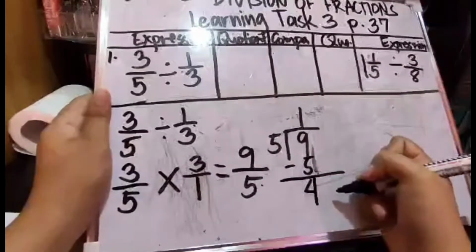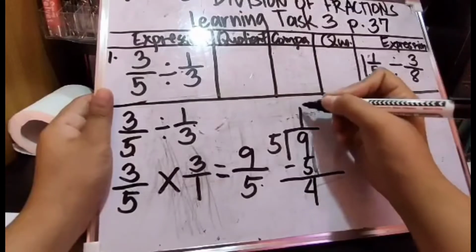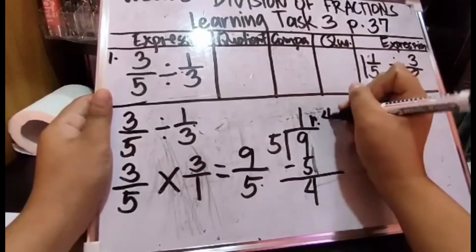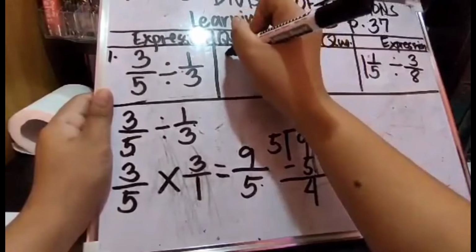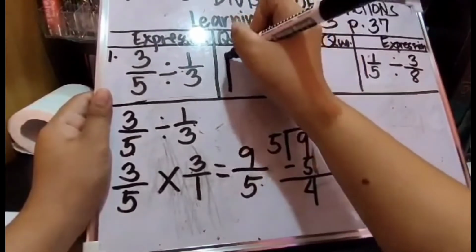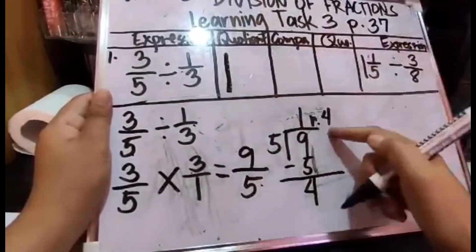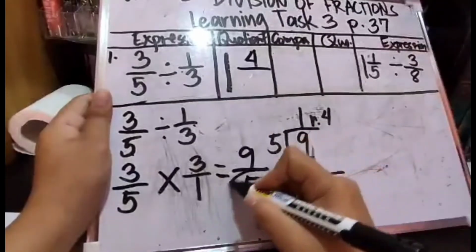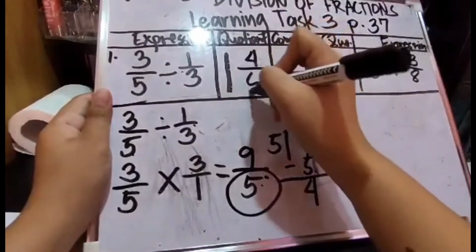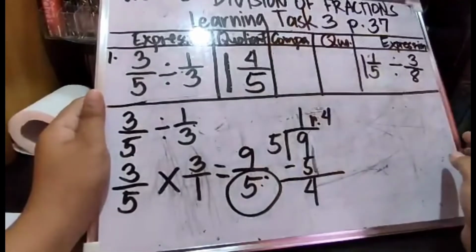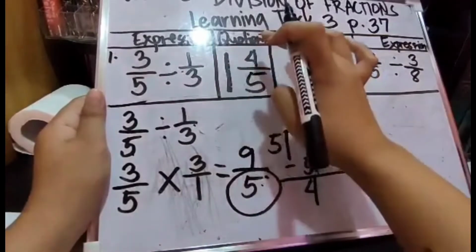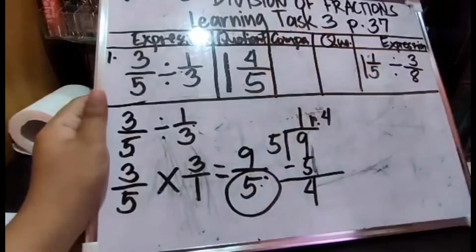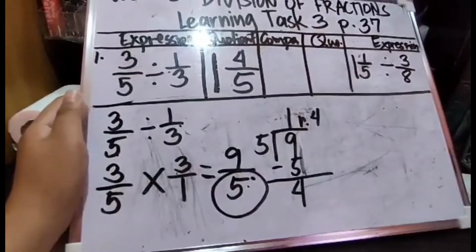Meron tayong remainder 4. So, sabi natin, itong quotient natin ay magiging whole number. Si 1, susulat mo. Si remainder, magiging numerator. Saan galing ang denominator? Dito, sa ating answer kanina sa improper fraction. So, the quotient is 1 and 4/5. Okay, so mixed number na siya.